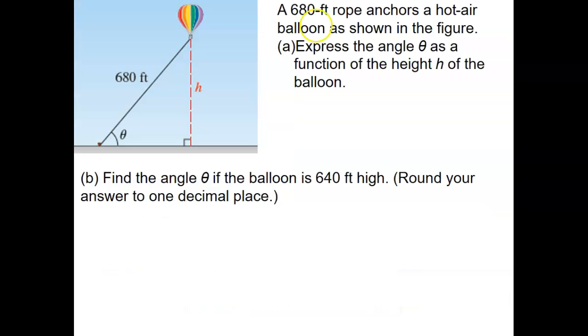So if we move to looking at this where I have a little bit more room, we want to set this up. So in relation to theta, we have the opposite and the hypotenuse. So I'm going to set it up as the sine of theta equals opposite over hypotenuse. I want to get theta by itself in order to express theta as a function of h. So I'm going to take the inverse sine of both sides.